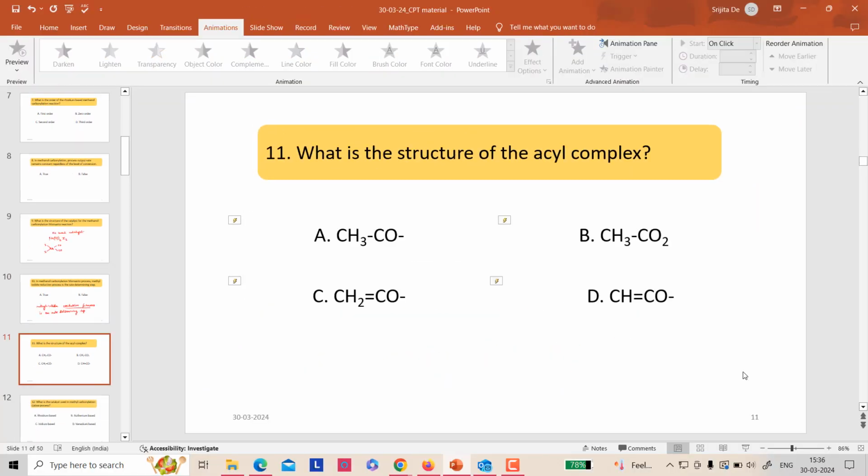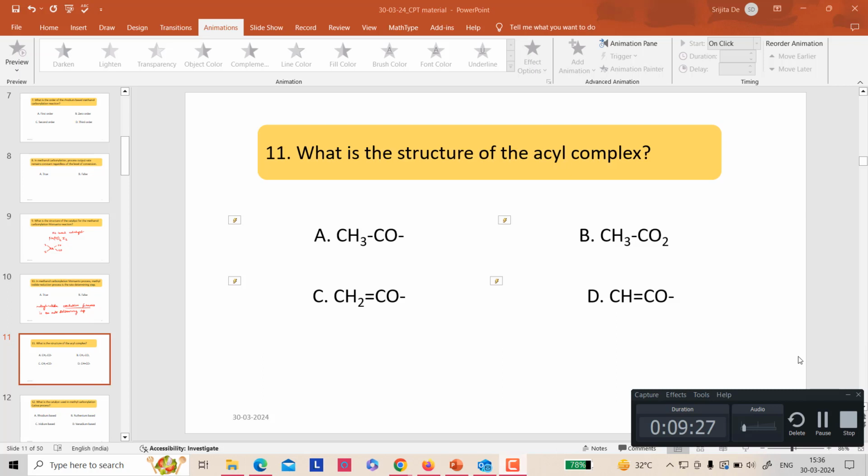Next question. What is the structure of the acyl complex?